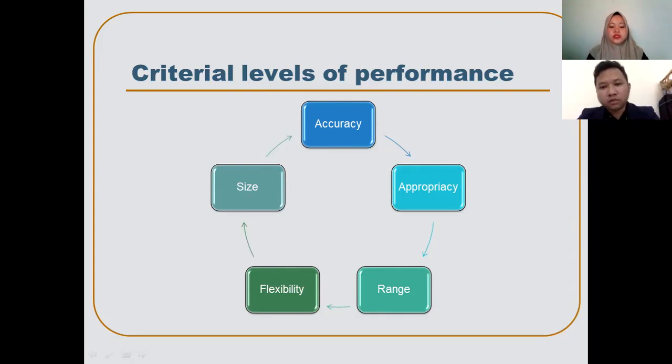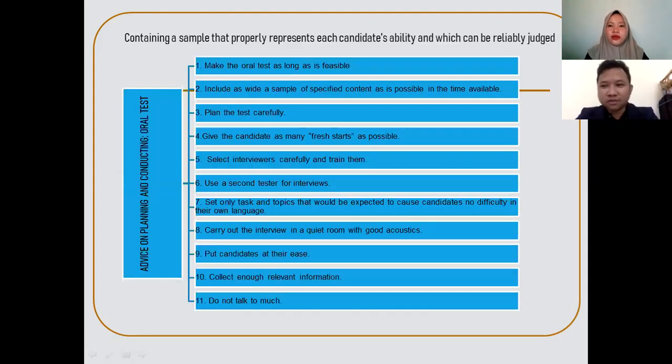Most contributions may be short, but some evidence of ability to produce more complex utterances and to develop these into discourse should be manifested. Next, containing a sample that properly represents each candidate's ability and which can be reliably judged.